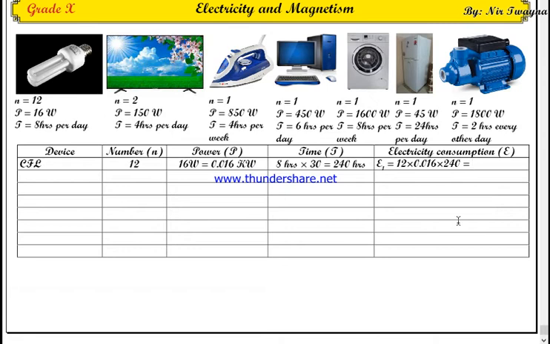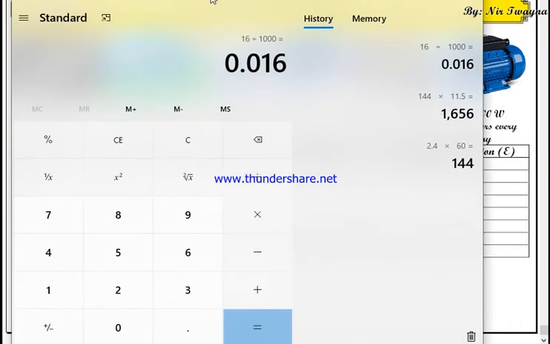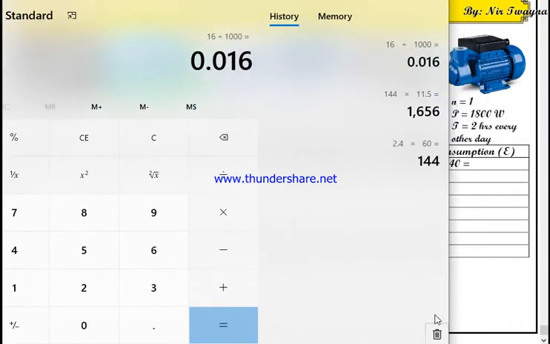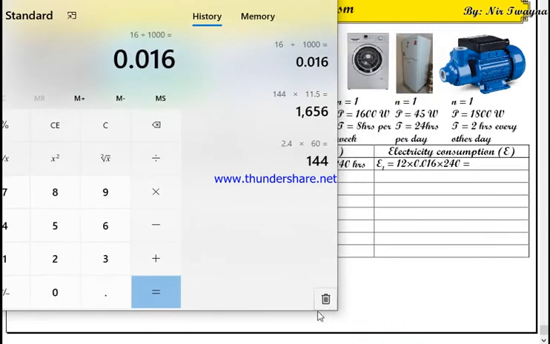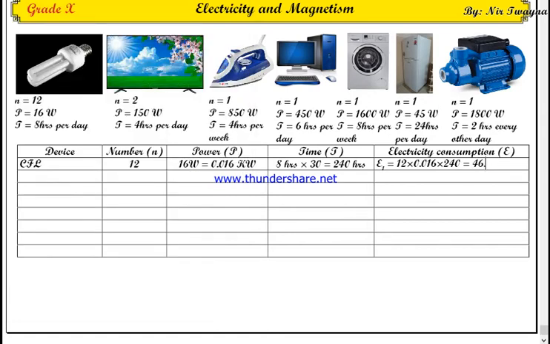So what will be the total value? 12 into 0.016 into 240. How much? 46.08. I'll simply write unit.